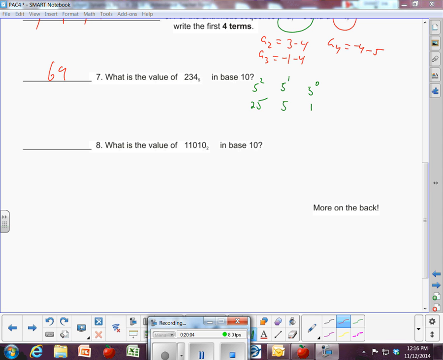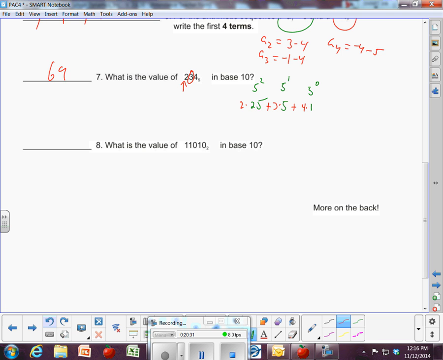So I wrote out the bases, 5 to the 0, 5 to the first, 5 squared. I only needed 3 of them because this is a 3-digit number. Then remember, I now have to multiply times the place, so a 4 times the 1, a 3 times the 5, and a 2 times the 25.